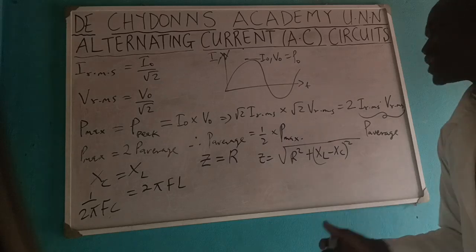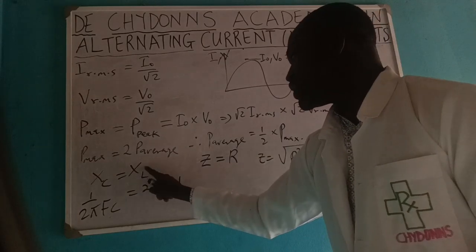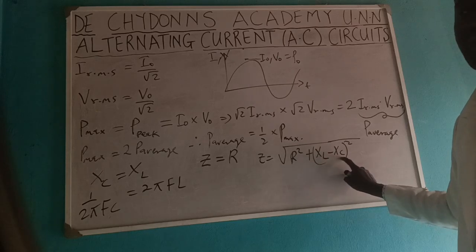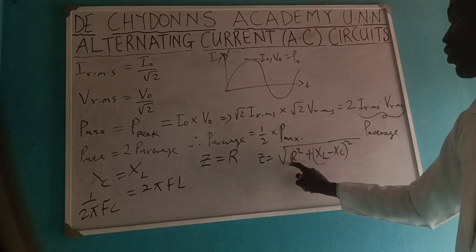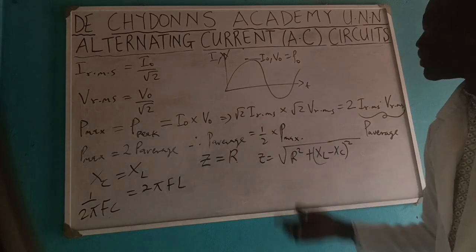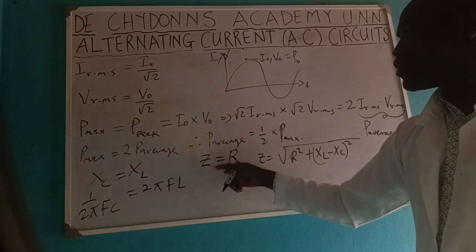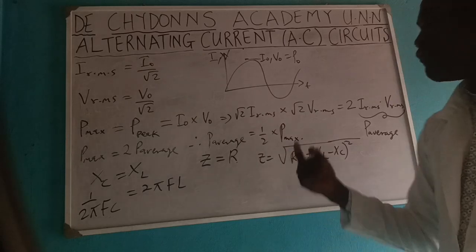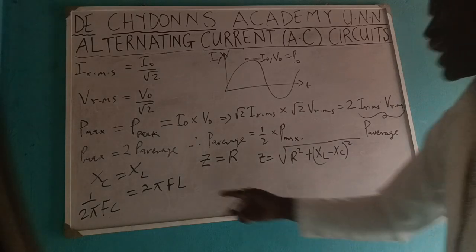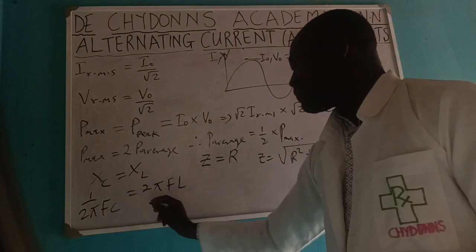From this formula, once XL is equal to XC, they will subtract to give you 0. 0 squared is 0, plus R squared. The square root of R squared will give you Z equal to R. That is how we say impedance will be equal to pure resistor for resonance to occur. Are you getting it? There is need for you to note what happened here.